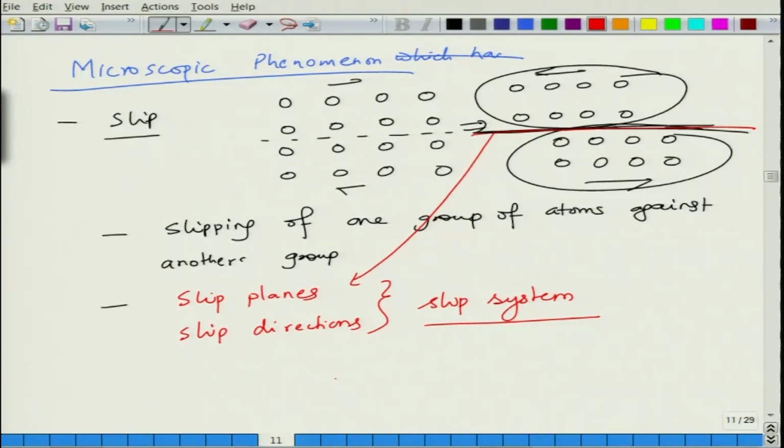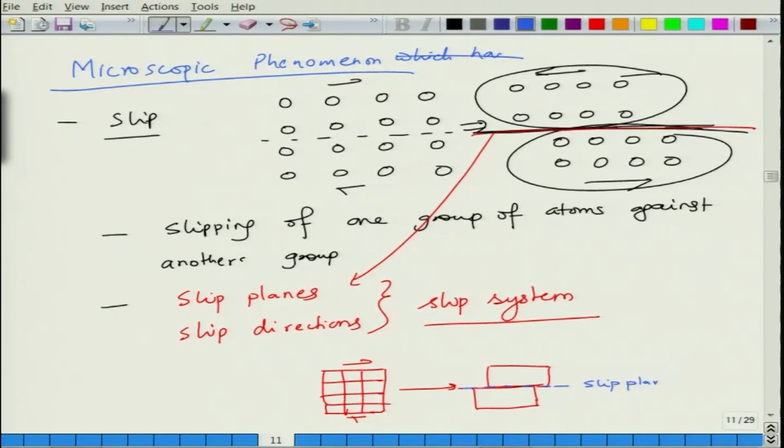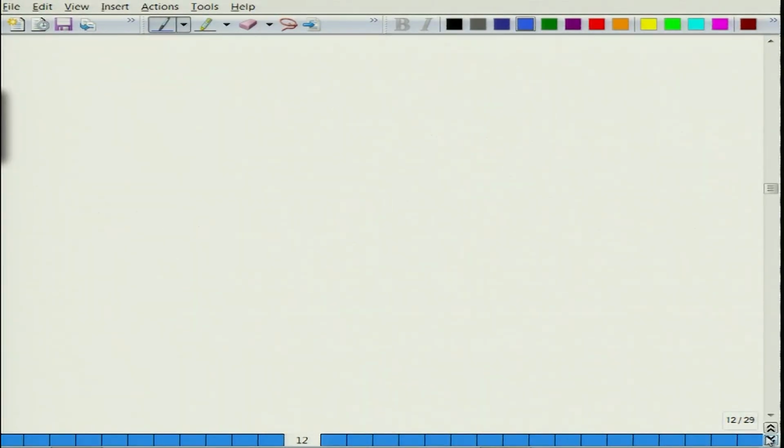If you have a crystal like this and you apply shear stress, the top half of the crystal goes against the bottom half across a certain plane, the slip plane. So, this side has moved in this direction with respect to the top. There is a relative movement of different parts of the crystal. This is slip. We will see the microscopic details a little later.